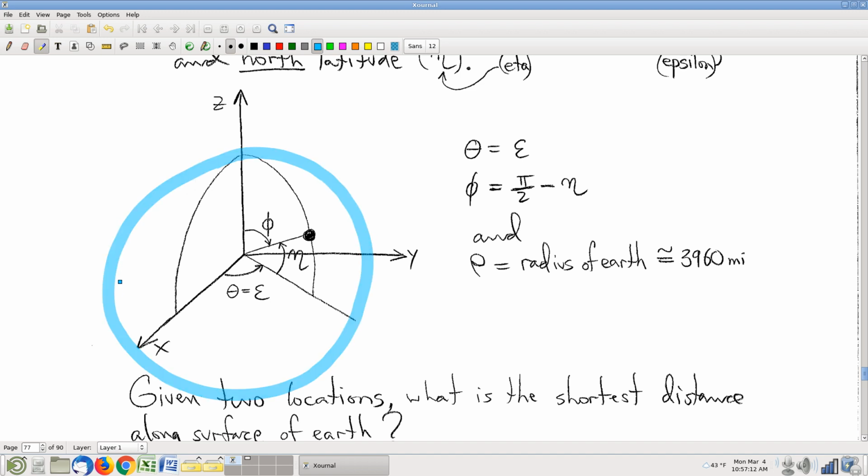So there's my Earth. Right, and then we've got the prime meridian, let's say like that, something like that, right? Well, how do we measure east longitude? Well, east longitude is measured like that. It's measured the same way theta is.